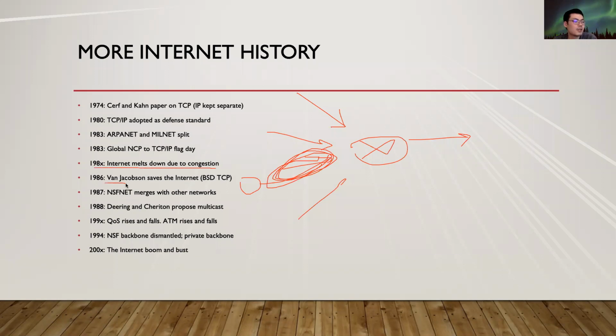And then Van Jacobson improved the TCP protocol. Previously, they did not have congestion control. By that time, in 1986, Van Jacobson improved TCP with a new component: if you're sending something, initially you should send with the bandwidth increasing linearly.